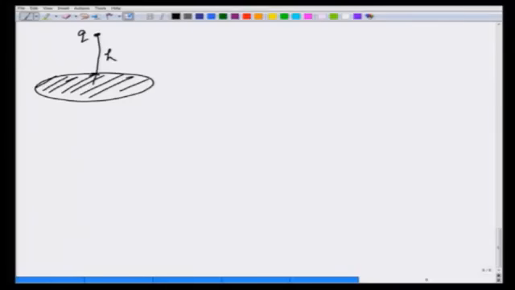I am going to use the result of the previous example. In the previous example, what we saw is that the force on the charge is in the vertical direction, its magnitude is given by q over 4 pi epsilon 0 times h over (h square plus r square) raised to 3 by 2.